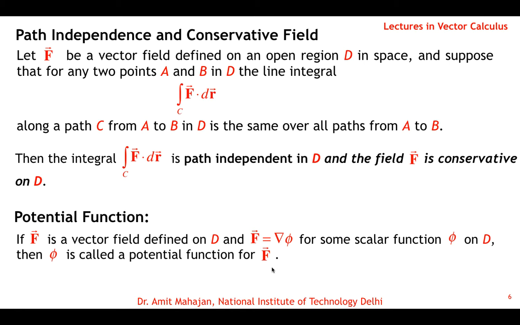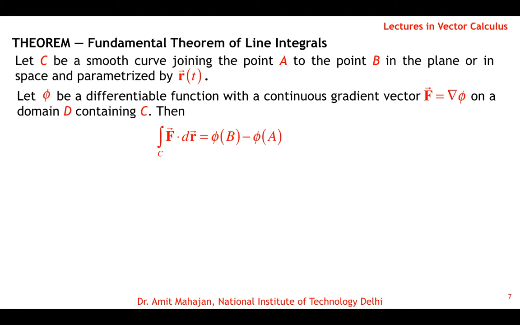Okay, so now we'll give the fundamental theorem of line integral over the conservative fields. Let C be a smooth curve joining the point A to the point B in the plane or in space, parameterized by r(t). So r(t) is the position vector for this curve joining the point A to point B, where the curve can be in the plane or in space. Let phi be a differentiable function with a continuous gradient vector, f equal to gradient phi.